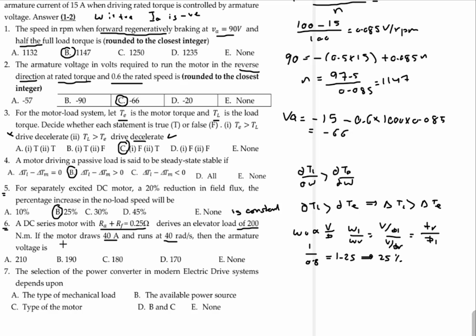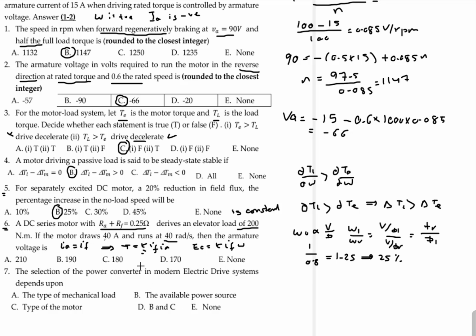Now here we have a series motor, which means that IA will equal IF. So the torque is equal to a certain constant multiplied by IF IA, and the back EMF is equal to K multiplied by IF omega.